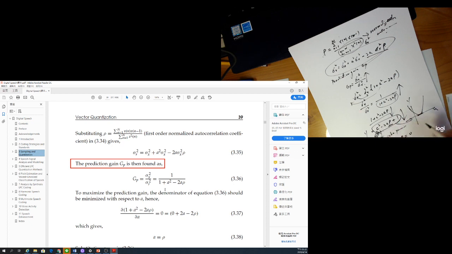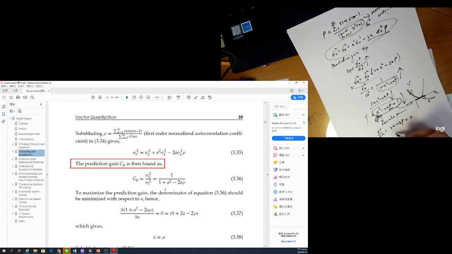If we find the derivative becomes 0, this will be your minimum. So you can see a will be equal to r.